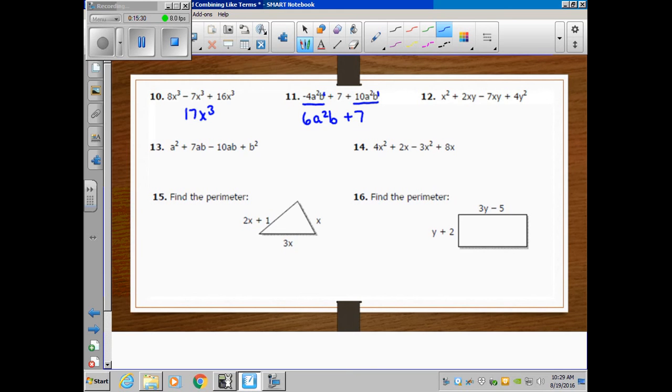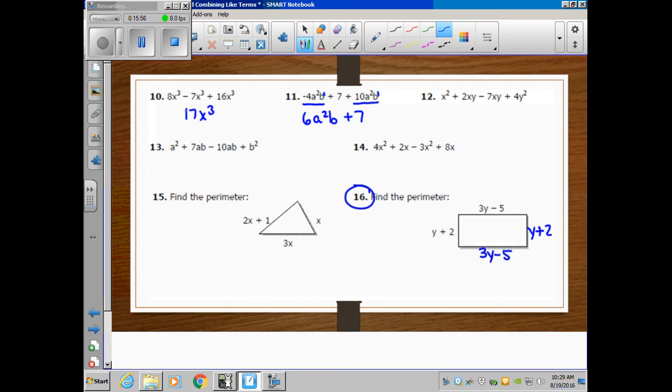All right, let's try one more. We're going to find the perimeter. How do you find the perimeter of any figure? You add up all the sides. So if this is a rectangle and the top is 3y minus 5, then the bottom is also 3y minus 5. If the left side is y plus 2, then the right side is the same, y plus 2.